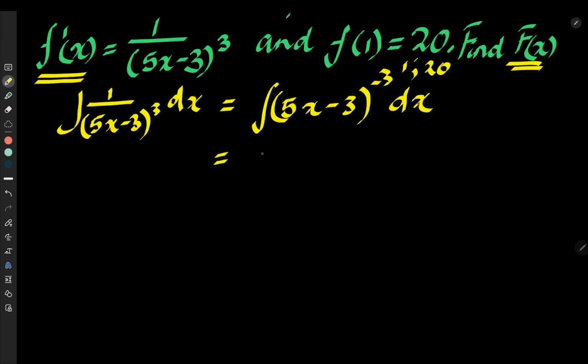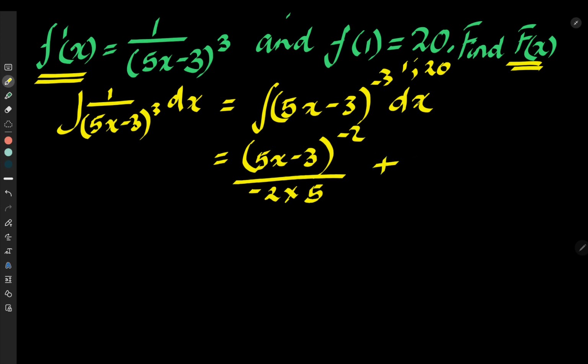To integrate that, it will be (5x - 3)^-2, since negative 3 plus 1 is negative 2, divided by negative 2 times 5. Then plus your constant c.